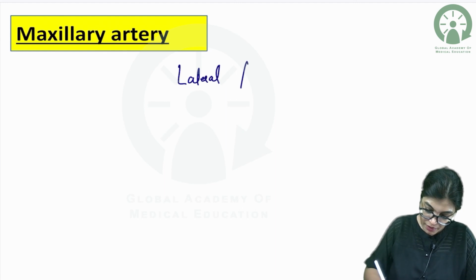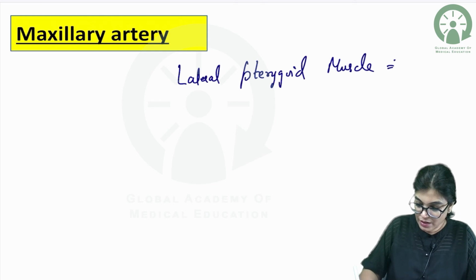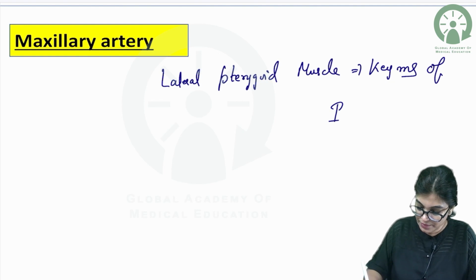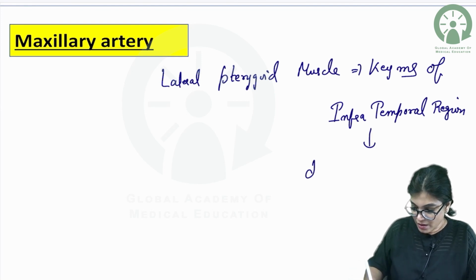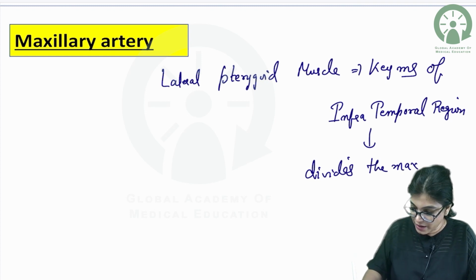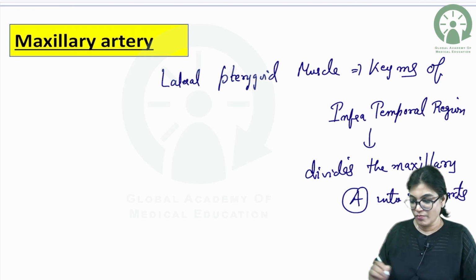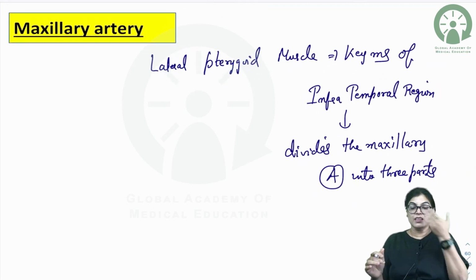Lateral pterygoid muscle, the key muscle of the infratemporal region, divides the maxillary artery into 3 parts: first, second and third.